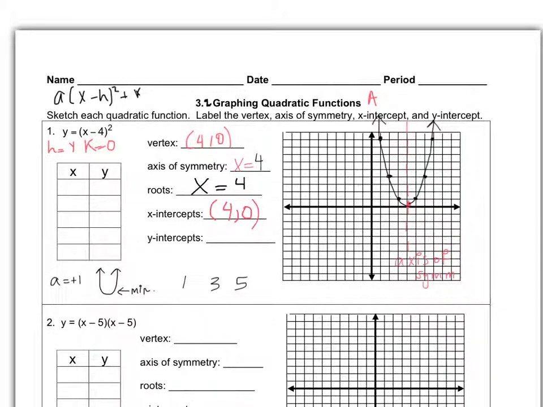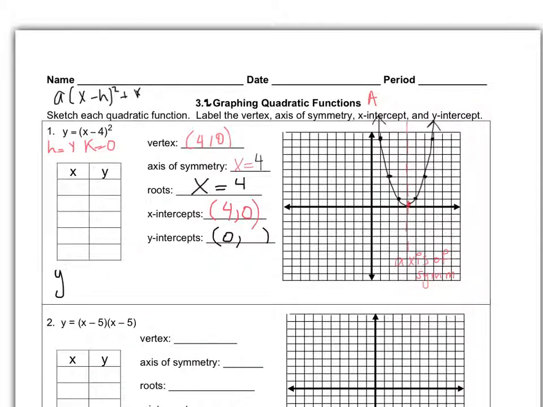Now the y-intercept is where your graph touches the y-axis. As you can see, you were not able to tell that from the graph because it seems like your graph is going to touch the y-axis somewhere outside your coordinate plane. So what do we do in this case? If I want my y-intercept, I know that the x is 0.